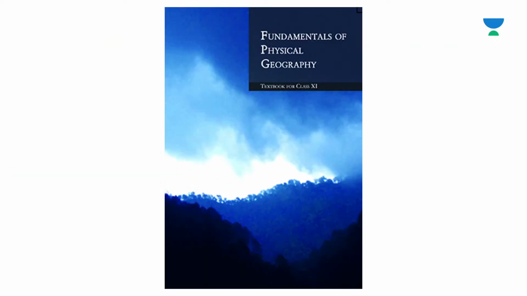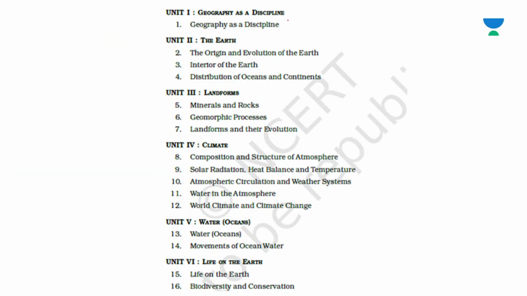Now friends, we have covered unit 1, that is geography as a discipline, the earth, where we have discussed the origin and evolution of the earth, interior of the earth, distribution of ocean and continents. Now we are discussing landforms, where we have covered minerals and rocks, geomorphic processes, landforms and their evolution we are studying right now.